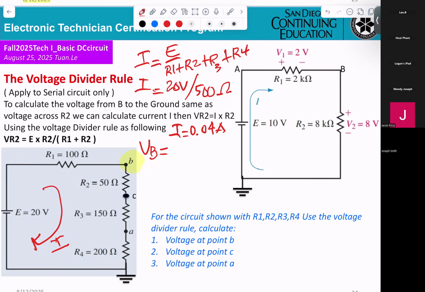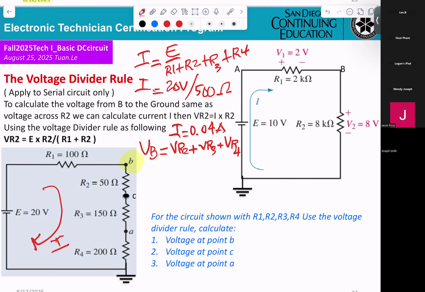So VB in this case will be measured from B to ground. So VB equals VR2 plus VR3 plus VR4.